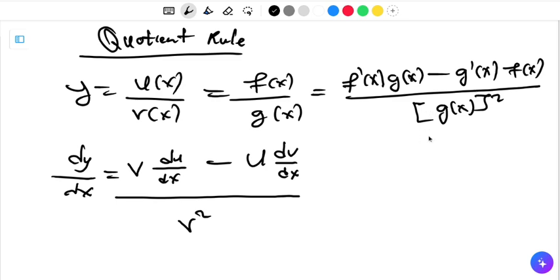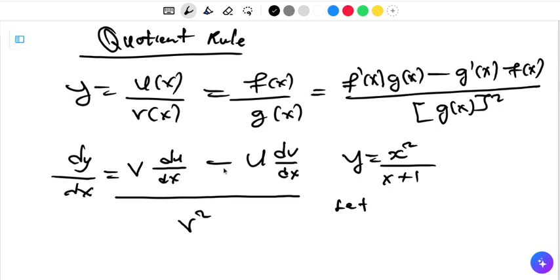Let me just give you an example. Let's say we have y equal to x to the power 2, divided by x plus 1. You want to find the dy dx of this one, so which are you going to use? We are going to use the quotient rule. You can let it be whichever way you like.